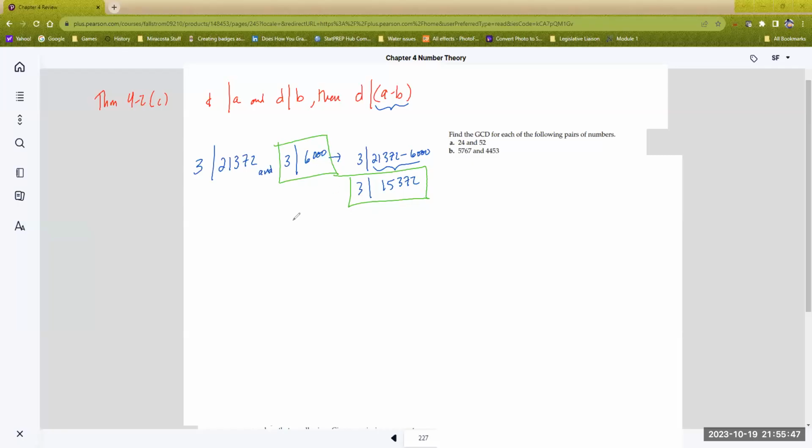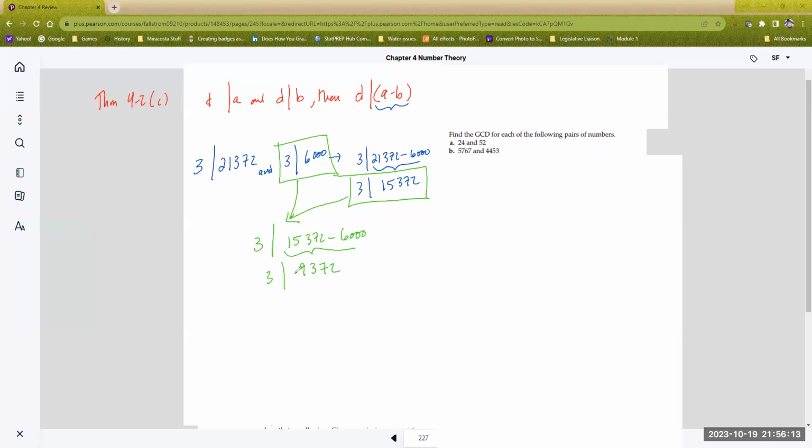So I could repeat the process, and that means 3 must divide 15,372 minus 6,000. But what is that? This is just another number. When you subtract, it's 9,372. So now I know 3 divides 9,372.